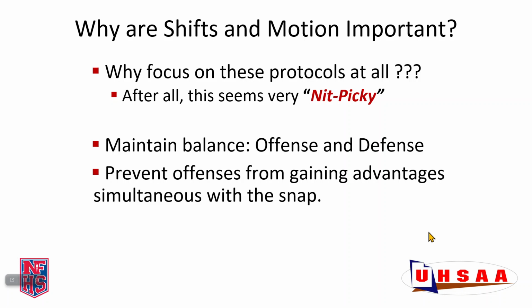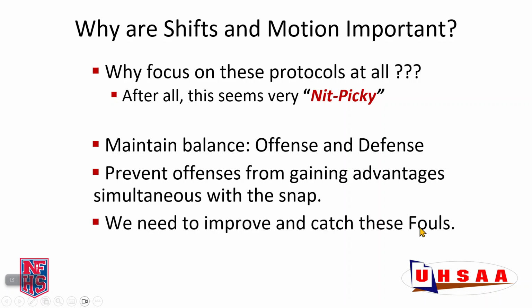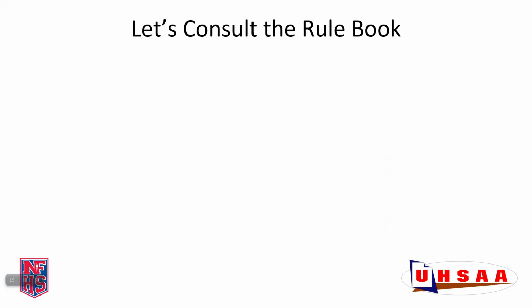And we're going to talk about that. Finally, we actually need to improve a lot in this area and catch these fouls when they occur. I've got some film that will accompany this presentation that shows how sometimes things can go south if we miss these fouls. So we'll take a look at these, and we need to improve and be better at catching these things that are actually very easy to see if we understand the rules behind them.